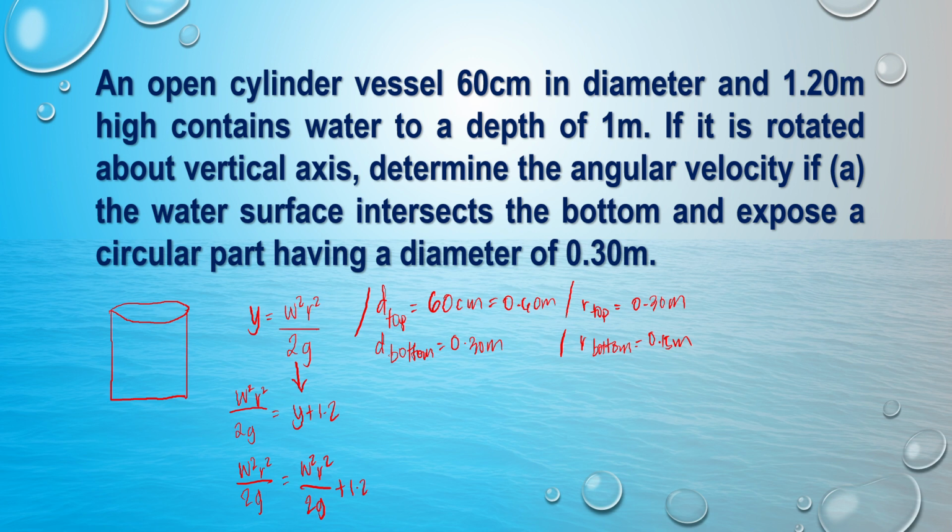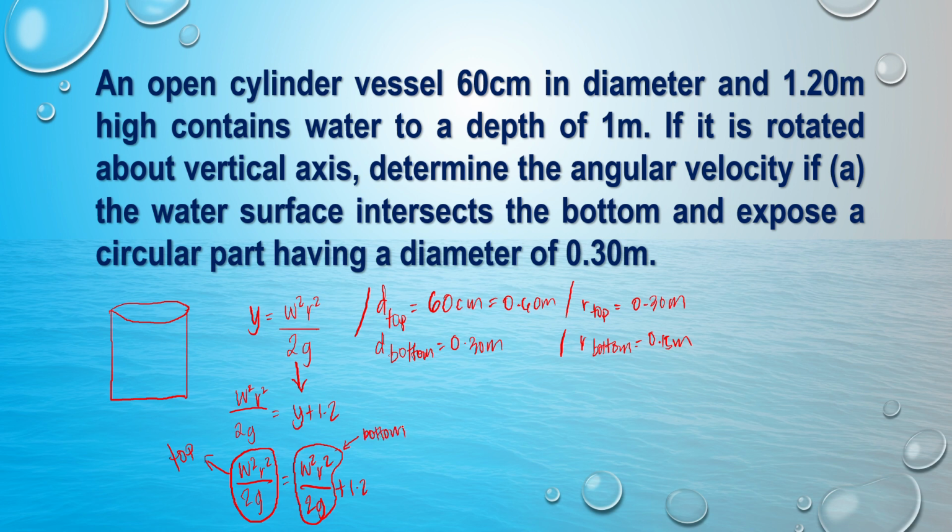So, the radius on the left is the radius at the top of your cylinder, and this one is the angular velocity and radius at the bottom.